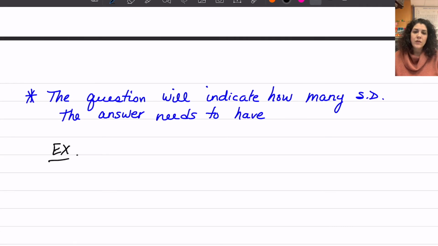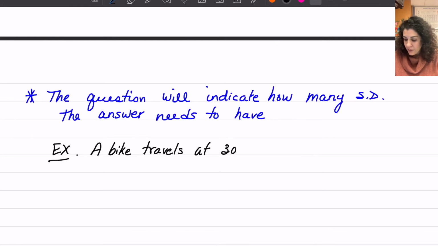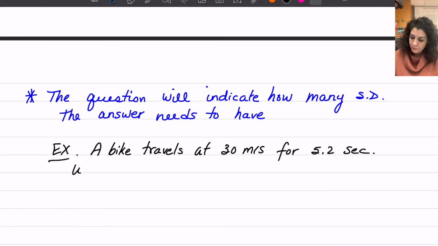So let's say I gave you a physics problem. You haven't done physics yet, but we're gonna see something that works with physics. Let's say that I had a bike traveling at, let's say 30 meters per second for 5.2 seconds, okay?